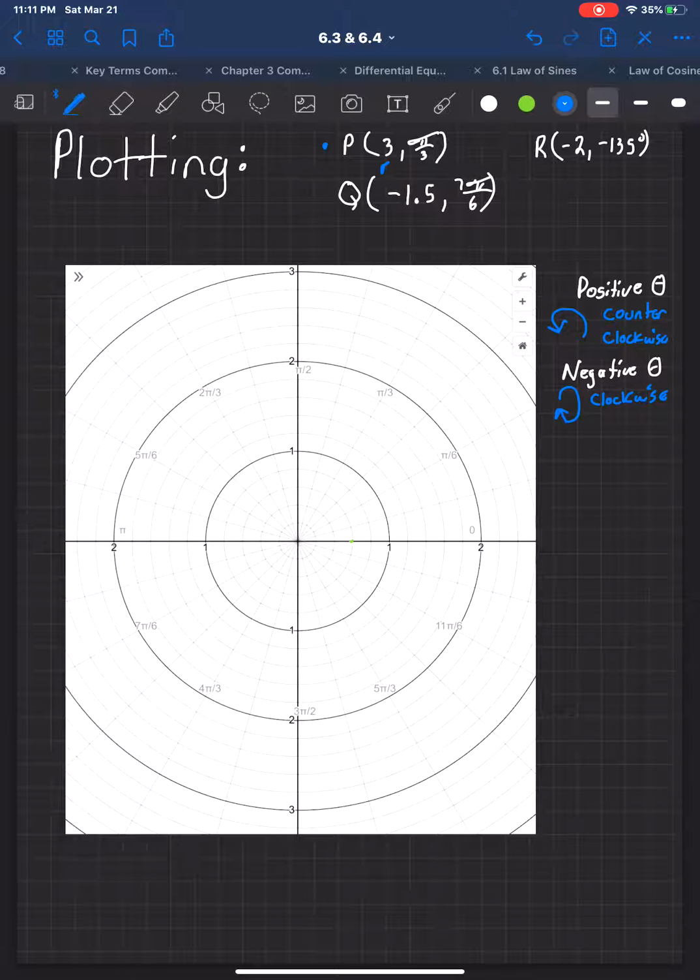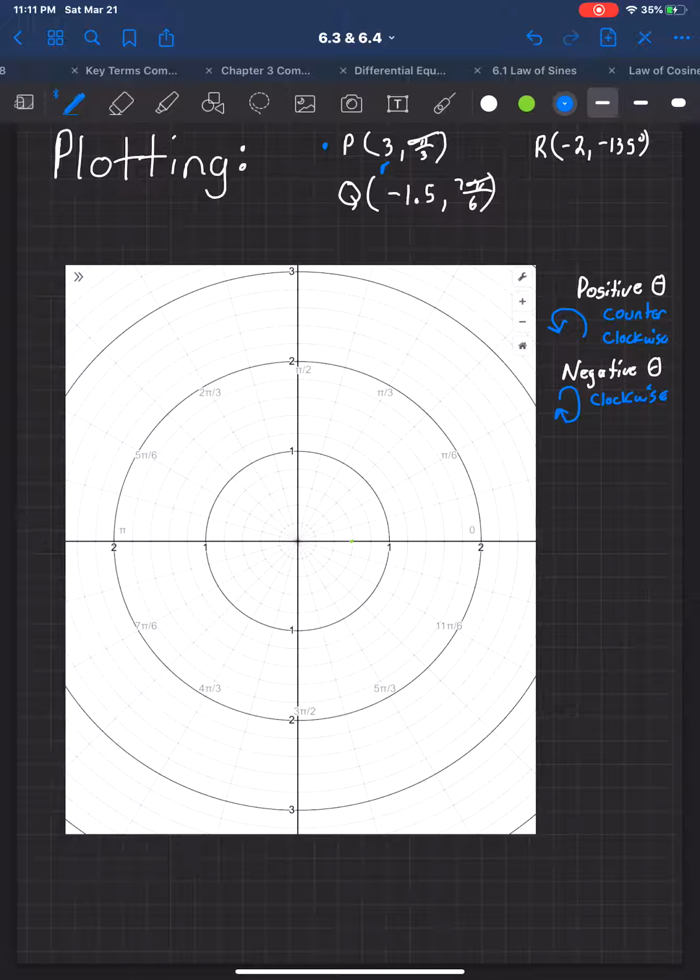So you can imagine, and again, I didn't quite capture all of my radius 3 circle here, but since 3 is positive, you can walk a distance of 3, which let's say puts you right here. That's on the radius 3 circle.